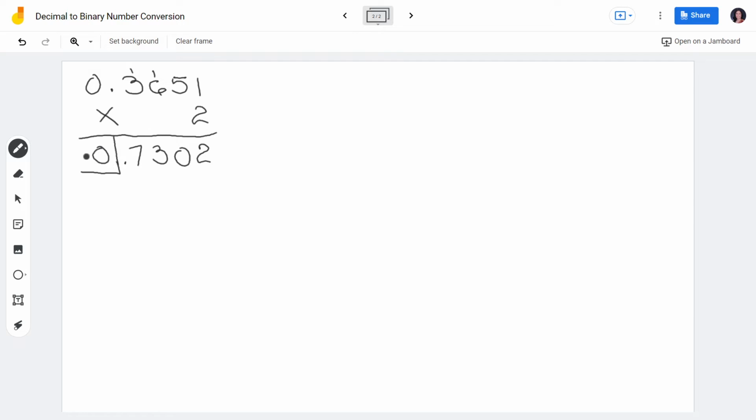Do not include the whole number or the integer part here, because if you include it, the values produced will not be 0 or 1. This integer part will be used as the value for the fractional part of the binary number.